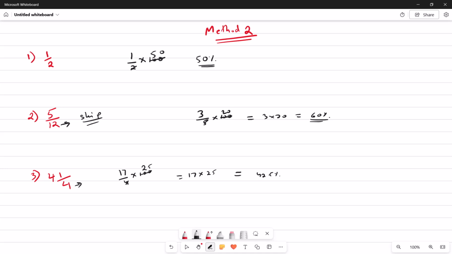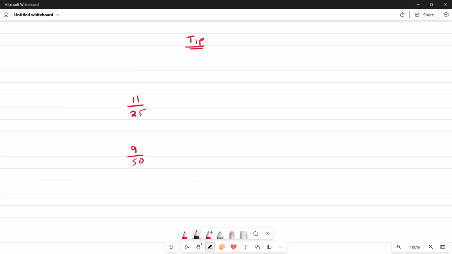Okay, so hope this helped. Okay, finally I'm gonna give you one more tip. So what we can do to convert a fraction to a percentage is just convert this denominator, which is this number, to 100. We know that because a percentage is a number out of 100. So we need to multiply this with a number to get 100.